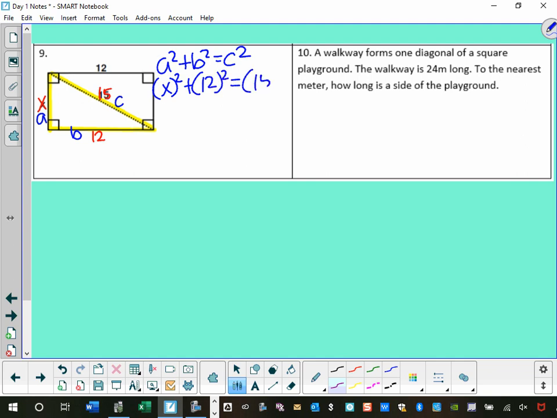And C is 15 squared. All right, so x squared is just what it says. 12 squared gives me what? 144. And 15 squared?